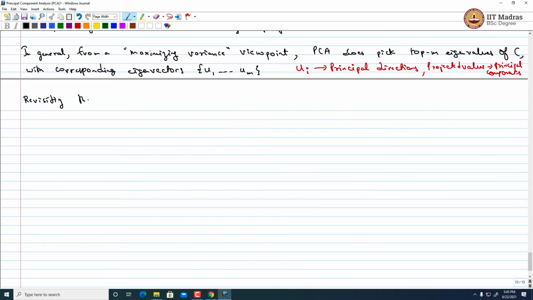Revisiting the example, you see the data is -1, -1, 0, 0, 1, 1. This is the data. And the projections will be the same as this.